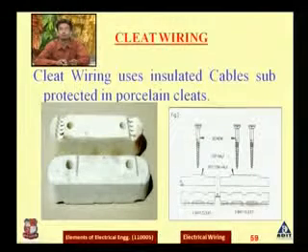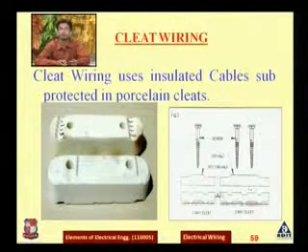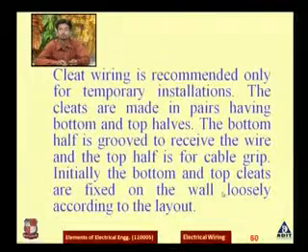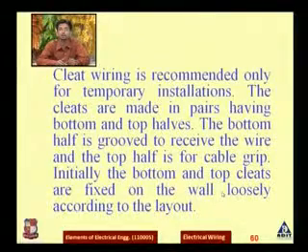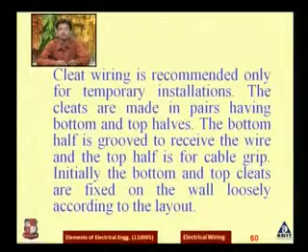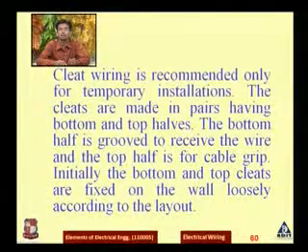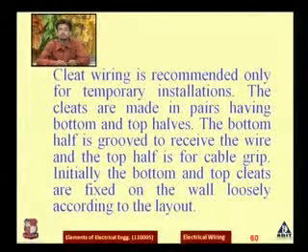There are two types of cleat wiring system: a 2-wire system and a 3-wire cleat wiring system. Cleat wiring is recommended only for temporary installations. The cleats are made in pairs having bottom and top halves. The bottom half is grooved to receive the wire and the top half is for cable grip.